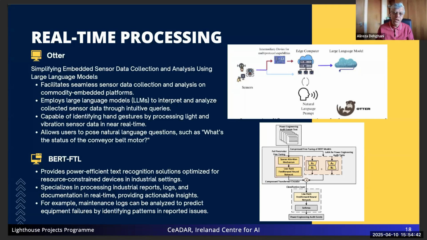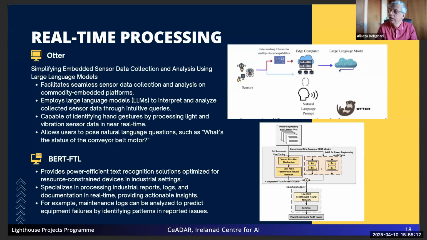It reads and understands text-based documents like maintenance logs, inspection reports, safety checklists, and so forth. It is based on BERT, a powerful AI model that is able to understand language. It is the lightweight version of that, can act on low resource devices, and can reply to you in real time.